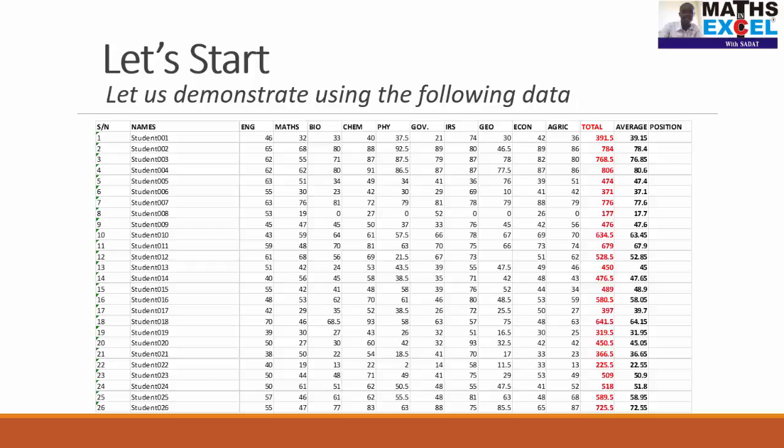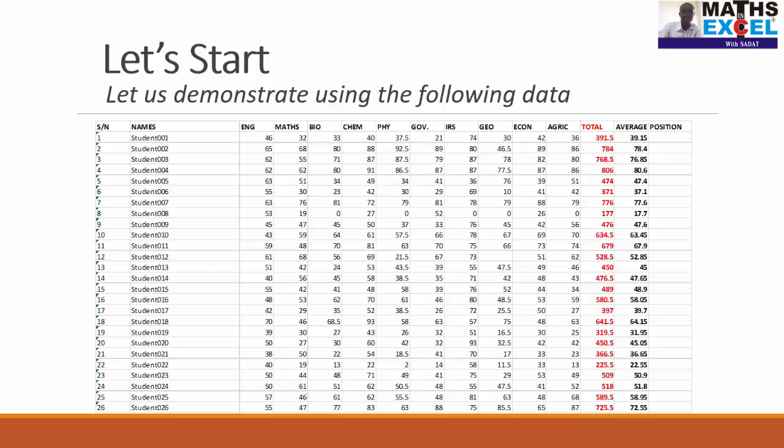And we have their subjects: English, maths, biology, chemistry, physics, government, RS, geography, economics, and agric. This number represents the student's total mark in each subject, and the total here is the summation of all the student's scores in all the subjects, and the average is given by the total divided by the total number of subjects.